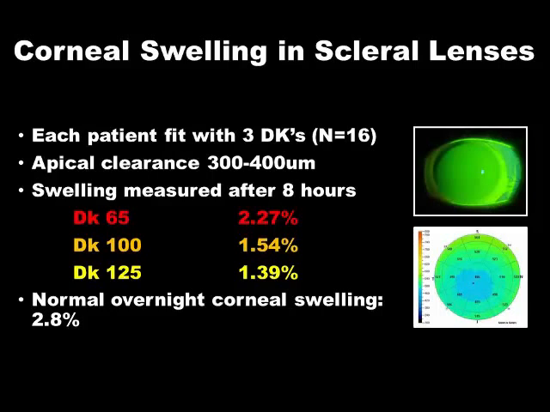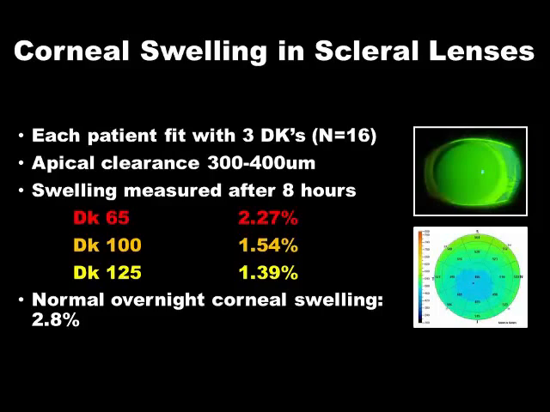So to put that in perspective, normal overnight corneal swelling is 2.8. So even with the lowest DK, and the ICD is manufactured in the HDS 100 material, plenty of oxygen permeability, we're seeing swelling rates, or percentages, that are very, very low.